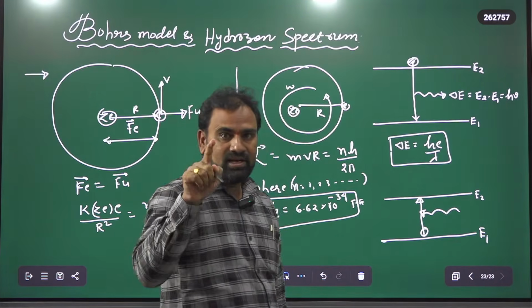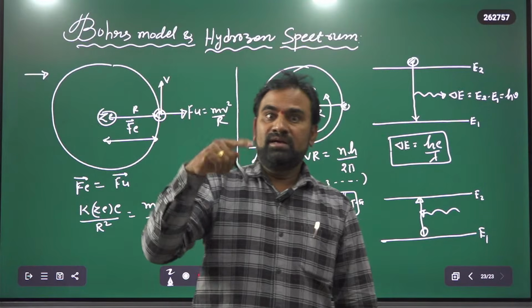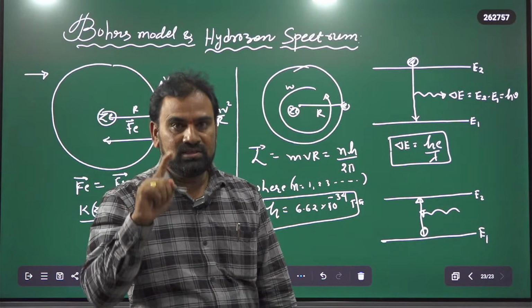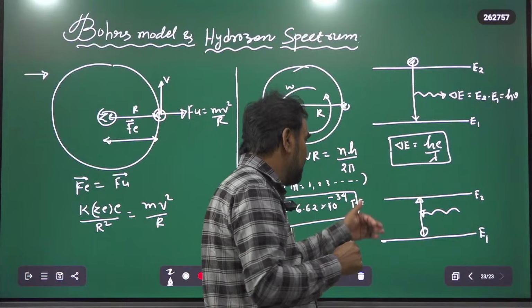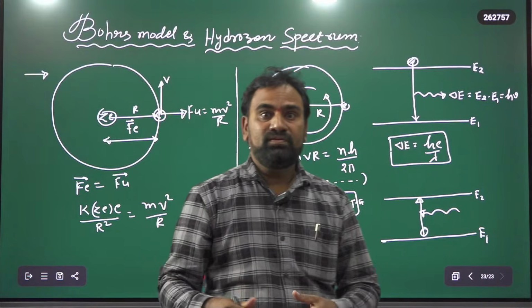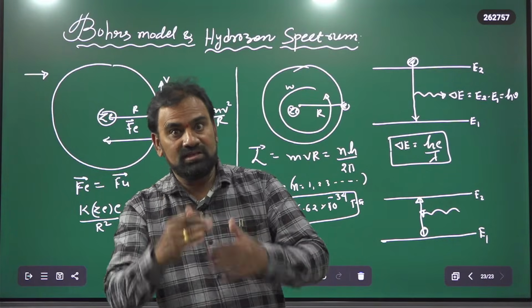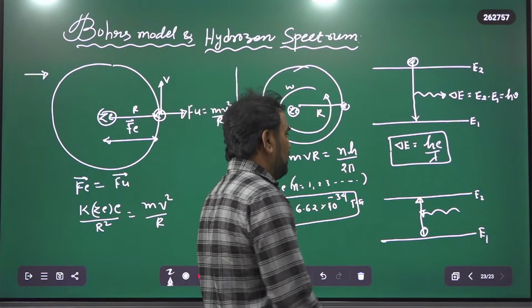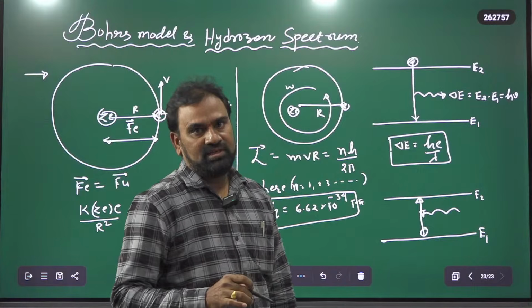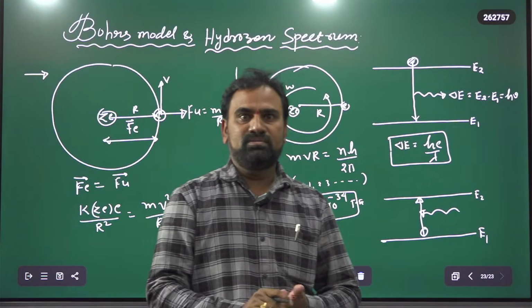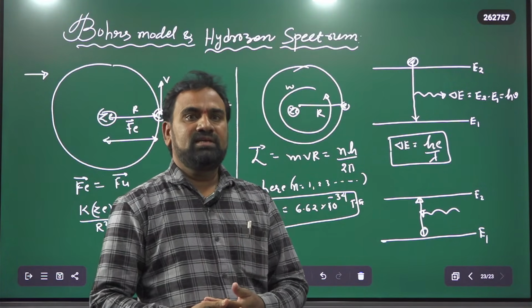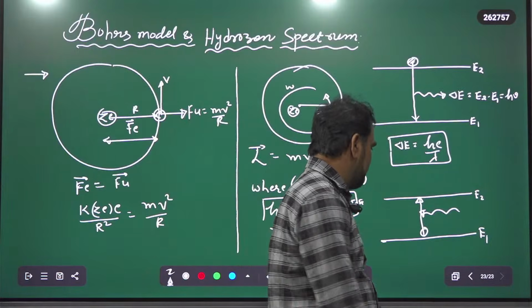That means when the electron goes from a lower to a higher energy level, it absorbs energy, because it needs kinetic energy to travel across the metastable energy levels. What are the metastable energy levels here? Metastable energy levels are those between the ground state energy level and the excited energy level.